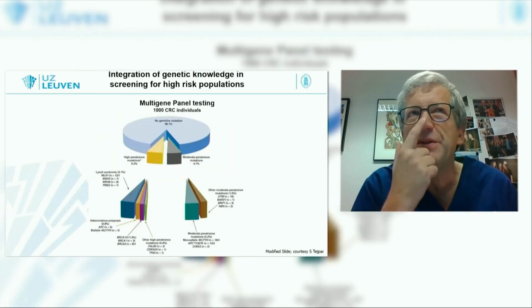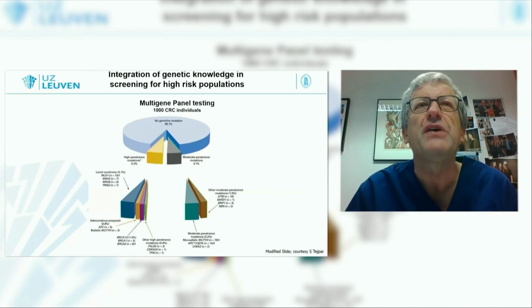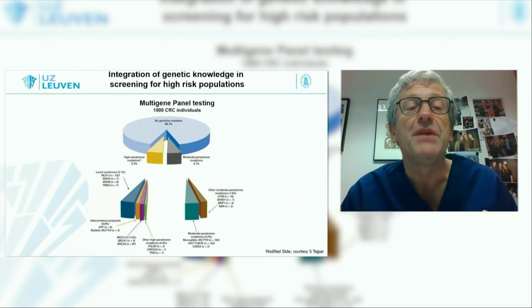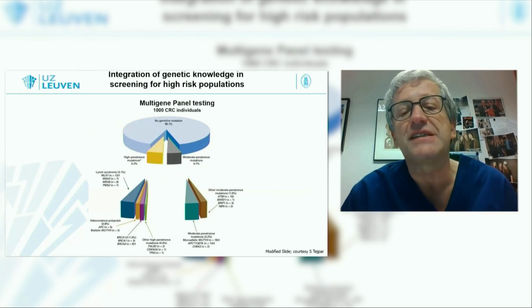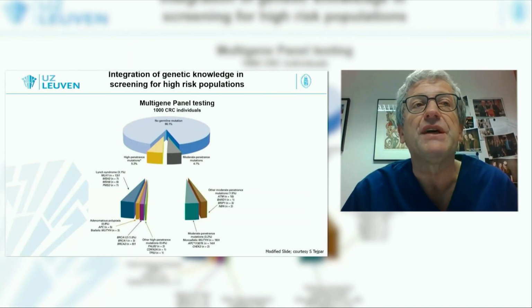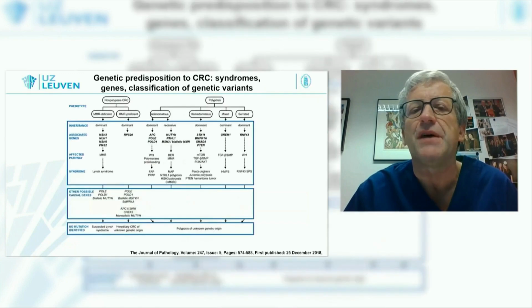In this setting we are doing more and more multi-gene panel testing, looking for germline alterations and germline mutations, including rarer mutations such as CHEK2 and PALB2, but also more frequent mutations such as BRCA. As endoscopists, we are also confronted with requests to do screening in some of these patients with hereditary predispositions, and that's important in this situation.